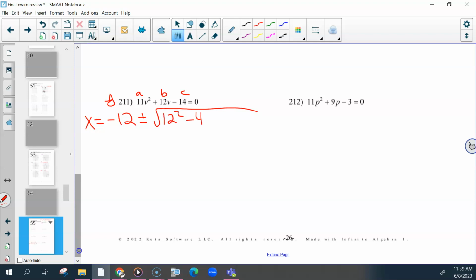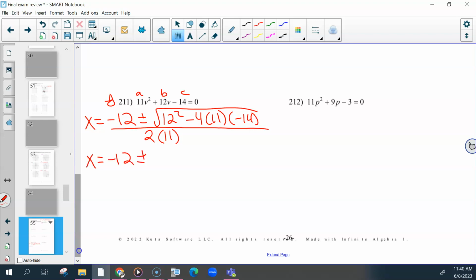Minus 4, that's always there, times a, 11, times c, negative 14, all over 2 times a, which is 11. Then once you have it set up, you just start to simplify.